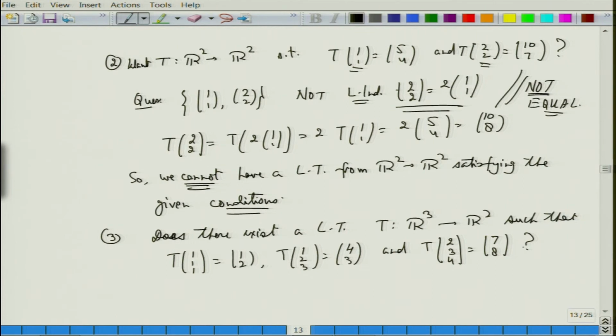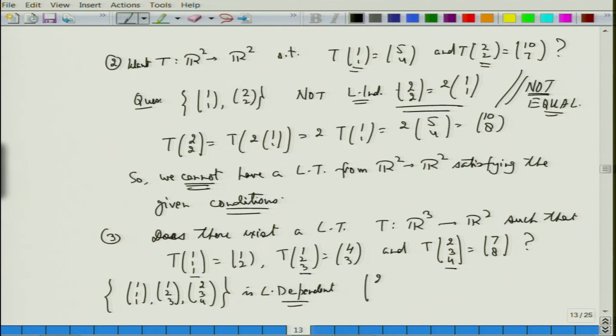Let us look at this part. Can I do such a thing? As I said, we need to look at the domain vectors: (1,1,1), (1,2,3), (2,3,4). Look at this set. Here I see that 1 plus 1 is 2, 2 plus 1 is 3, 3 plus 1 is 4. So it is linearly dependent. Not only that, we see that (2,3,4) is equal to (1,1,1) plus (1,2,3). Is that okay?